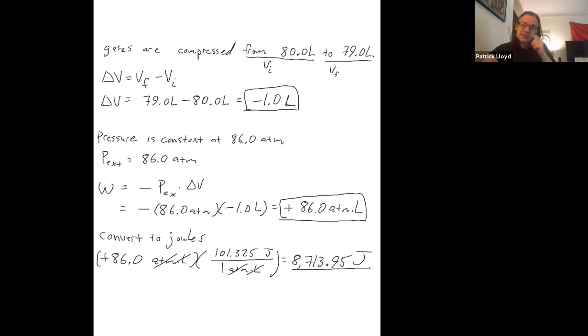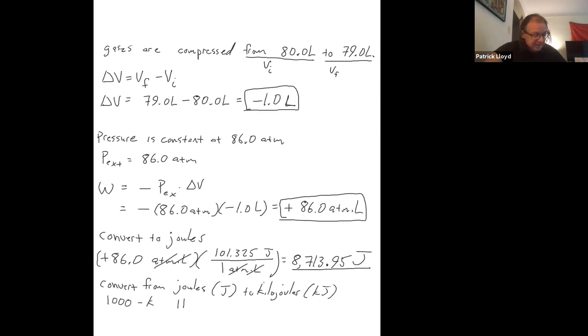Now, sometimes when we have numbers that are in the thousands, it's convenient to convert from joules, which is J, to kilojoules, which is KJ. That's relatively simple, because kilo means 1,000. So 1 kilojoule is 1,000 joules.